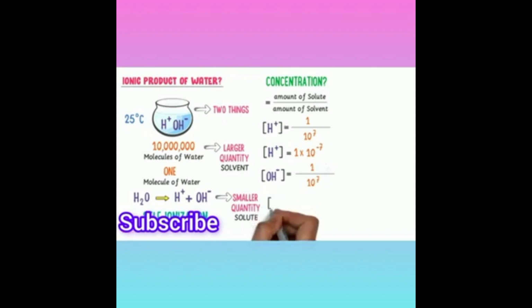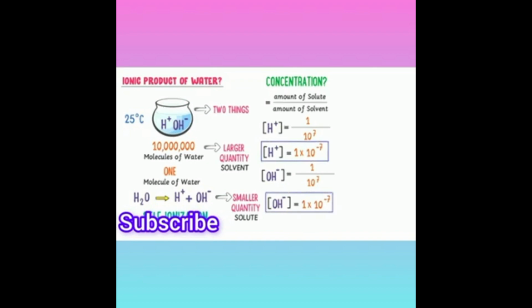I get concentration of hydroxide ion is equal to 1 into 10 to the power negative 7. So the concentration of hydrogen ion and the concentration of hydroxide ion is the same. We know that pure water is neutral. It means that water is neither acidic nor basic, because the concentration of hydrogen ion and hydroxide ion is the same.